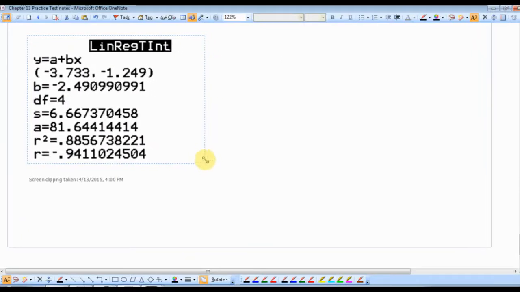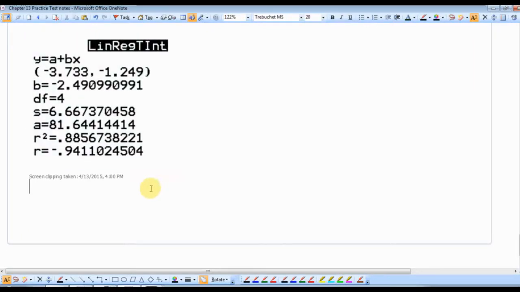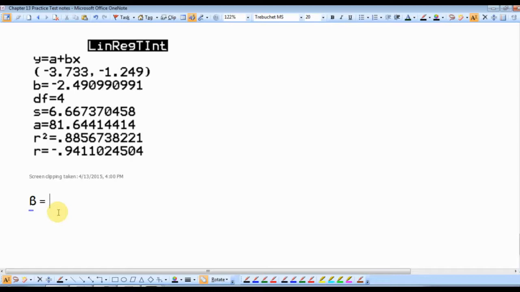I kind of like the one I programmed better, but that's just me. So what do we have? Beta should be between negative 3.733 and negative 1.249.